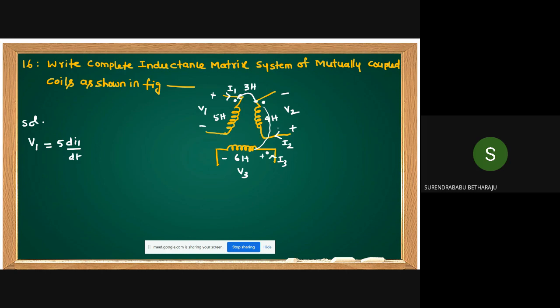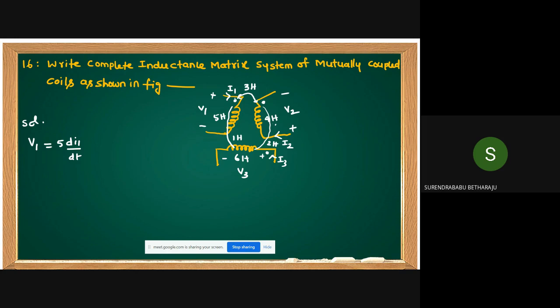Then 2 Henry, and this is given 1 Henry. Between these two, it is given that 1 Henry. Now this is 5 into di1 by dt. I'm writing V1: 5 into di1 by dt.